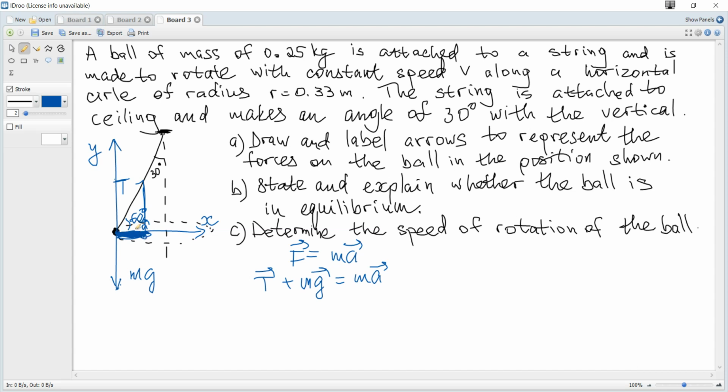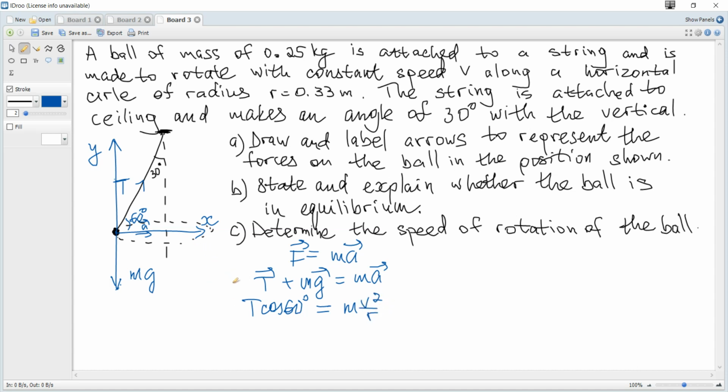So it's T cosine of 60, and it's plus because it's in the same direction as x. mg is perpendicular to the x-axis, so its component is 0, and this is equal to m times the component of a, which is parallel to x and in the same direction, so it's just ma. A is given in the data booklet, it's v squared over r.